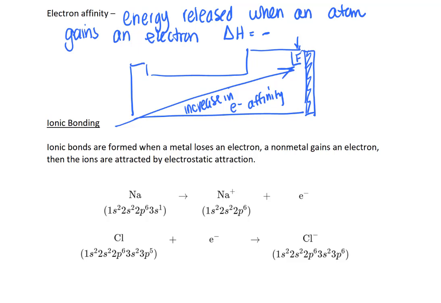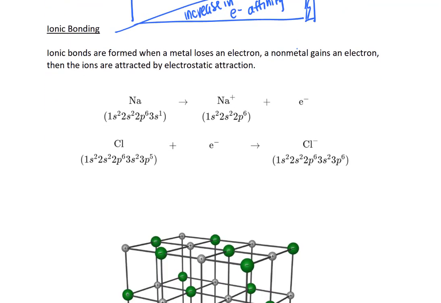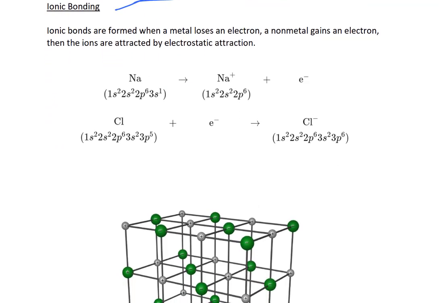So isoelectronic to a noble gas would mean fluorine gaining one electron now matches that of a noble gas. Then once these atoms have these charges and they're no longer atoms anymore, they're now ions, then they're going to be attracted to each other with electrostatic attraction, which is just a fancy way to say positives and negatives attract.